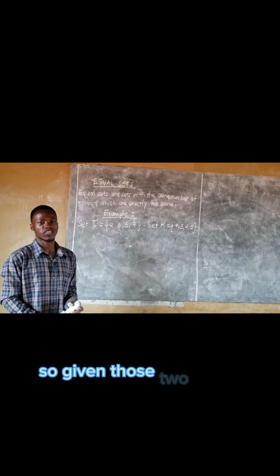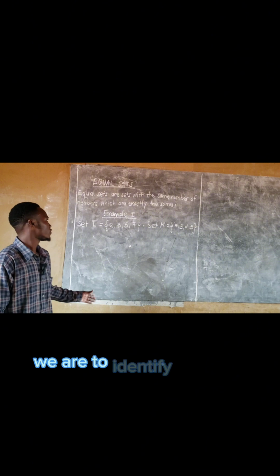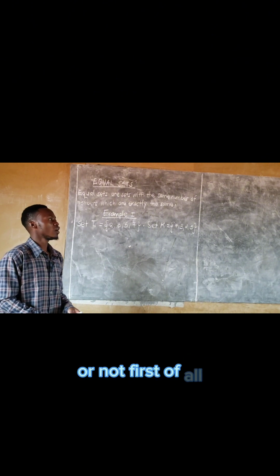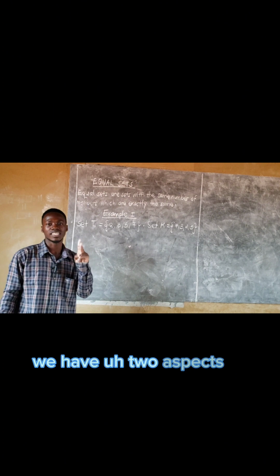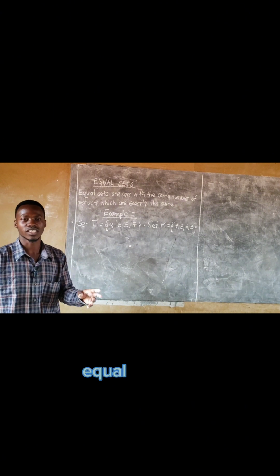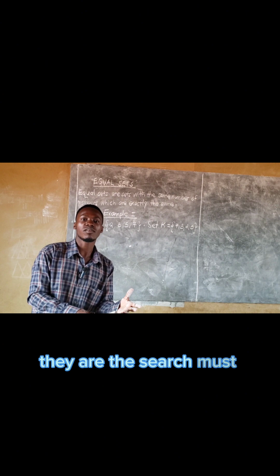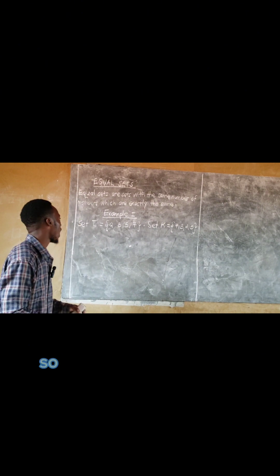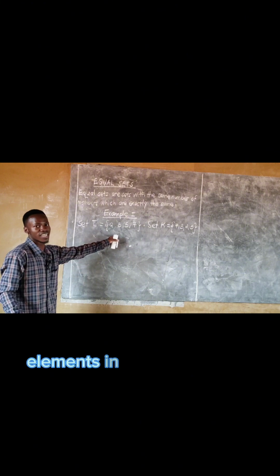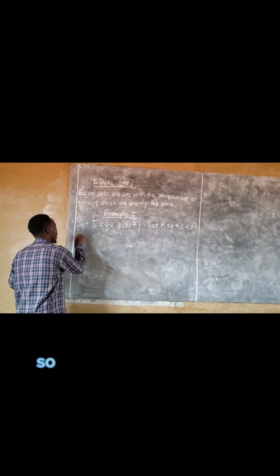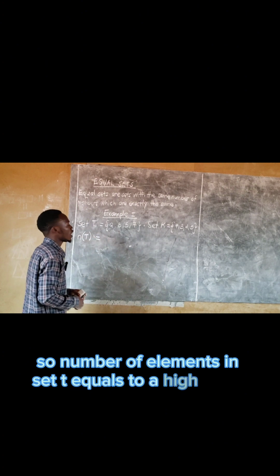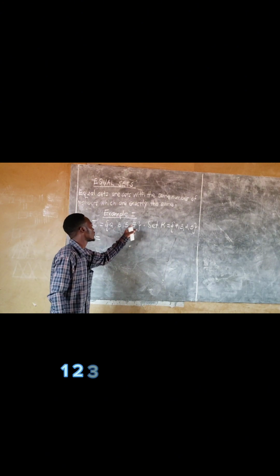Given those two sets, we are to identify whether these sets are equal or not. First of all, we have two aspects in the definition of equal sets. The sets must have the same number of elements. That is what we should identify first. So I'm going to first get the number of elements in set T. Counting: 1, 2, 3, 4.